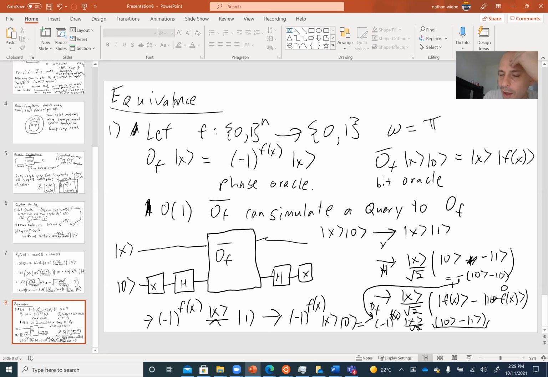This trick of taking the negative sign from the ancilla and moving it out here, which we can always do, right? Because the sign is a constant. And constants, they can move around any way you want when you order them against matrices. This trick of rewriting the phase so that it's in front of the first qubit rather than the last one is known as the phase kickback effect.